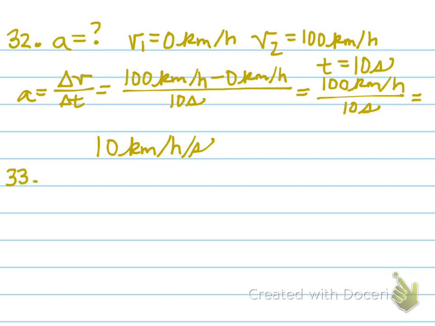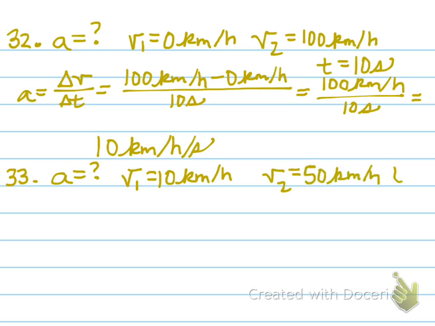Number 33. Calculate the acceleration of a bus that goes from, again, our initial velocity is 10 kilometers per hour to a speed of 50 kilometers per hour in a time of 10 seconds.